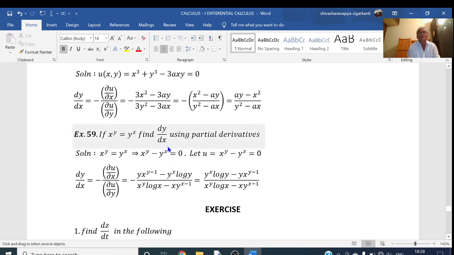And let me take this equal to say u. So that is u equal to x raised to y minus y raised to x is equal to 0. Then we have dy by dx equal to minus of dou u by dou x divided by dou u by dou y.